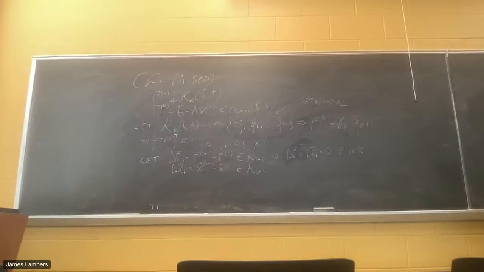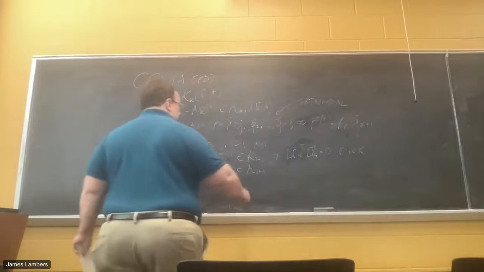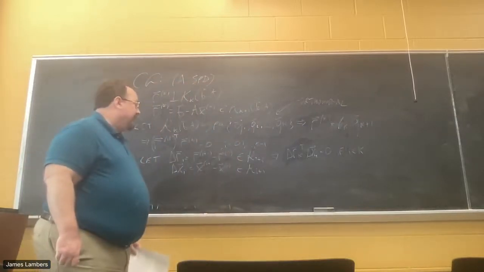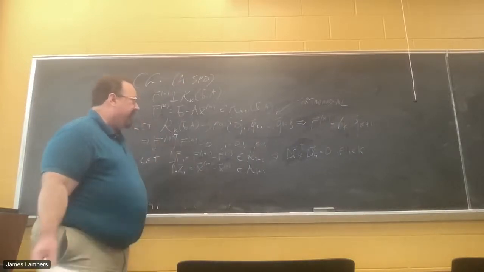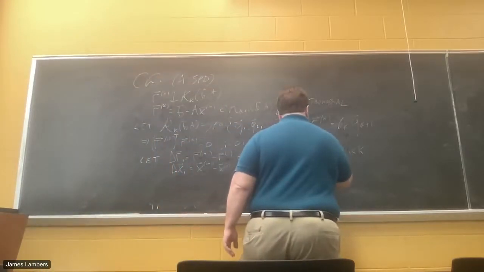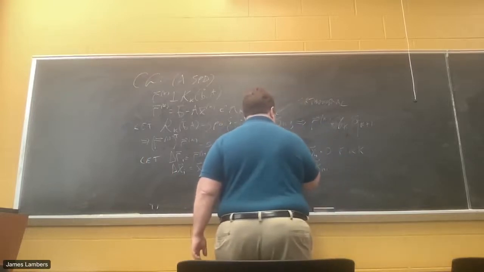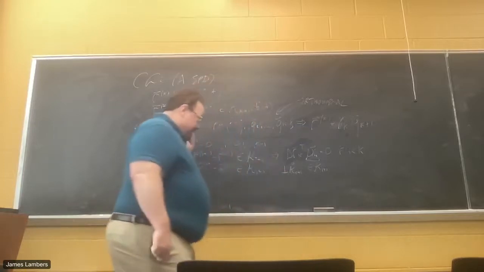Delta Ri is belonging to Ki plus 2, or I plus 2, just because this belongs to Ki plus 1, but this is orthogonal to K plus 1.